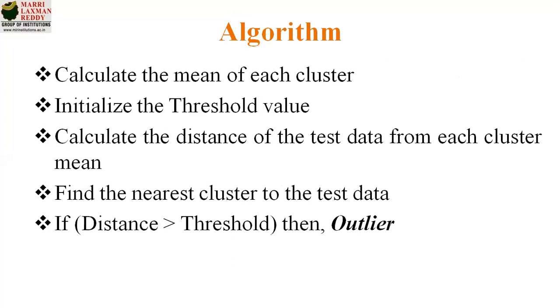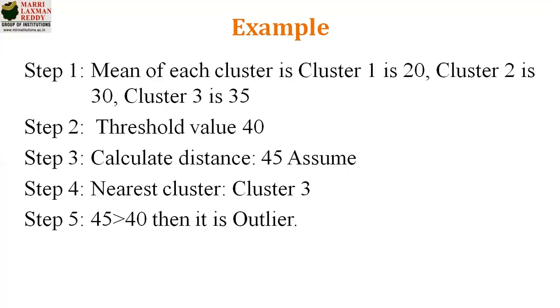In examinations, whenever they ask you to explain the concept of outliers with a simple example, you can use this algorithm and this example to very clearly indicate what an outlier is and how we can detect outliers.